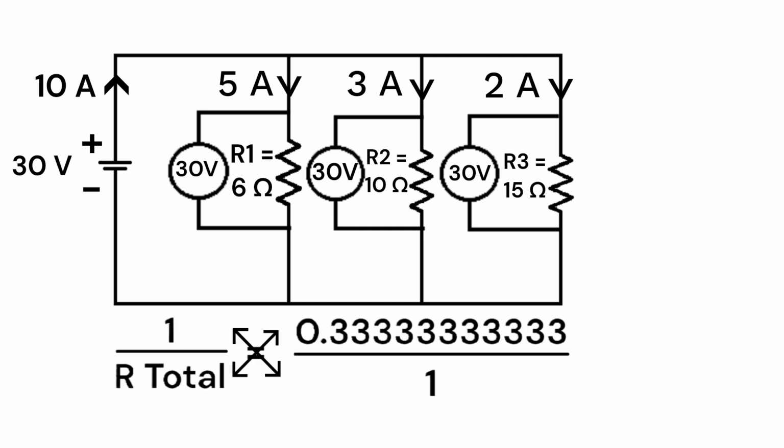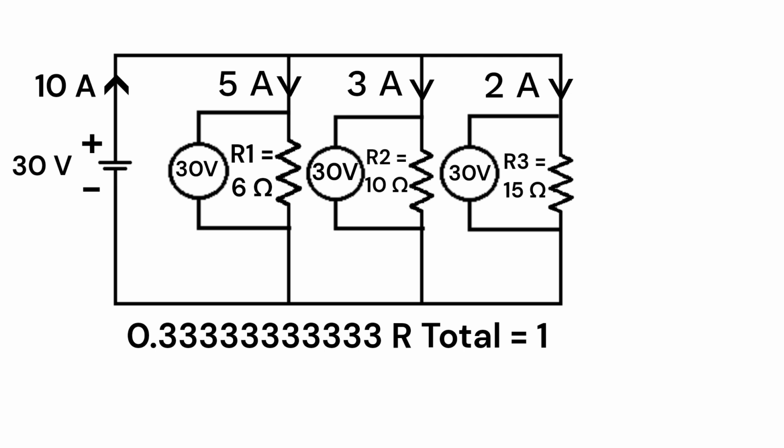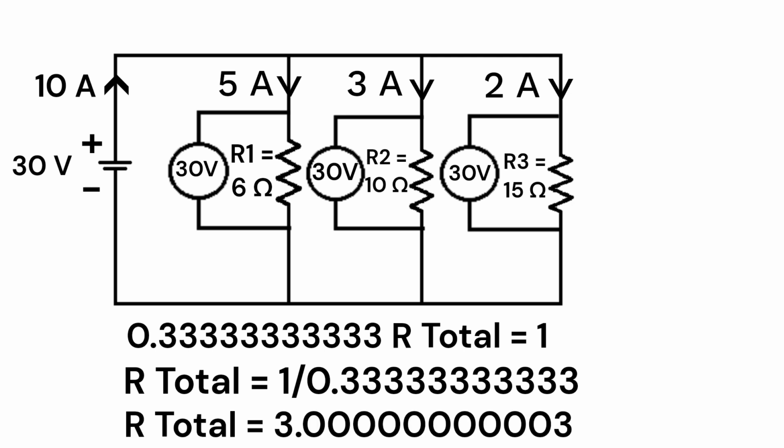Now by cross multiplication, it becomes 0.113 R total is equal to 1 into 1, which is 0.113 R total is equal to 1. 0.113 goes to the other side, which divides the 1. So R total is equal to 1 by 0.113. So R total is equal to 3.10, and so R total is 3 ohms approximately.